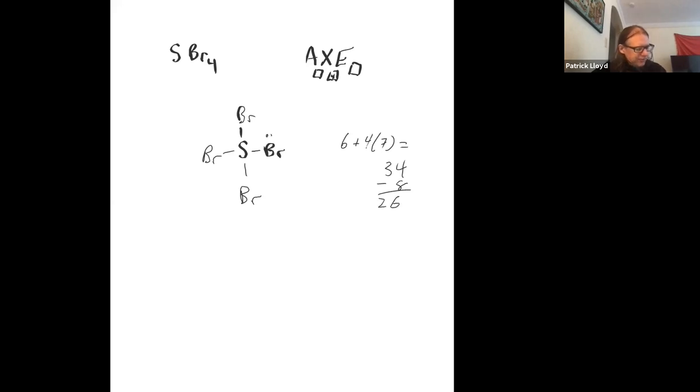So 2, 4, 6, 8, 10, 12. Remember, you only need 8 electrons on any of the surrounding atoms, so we're not going to go any more than 8 electrons on the surrounding atoms. So that's got to go on the central atom, right? So it looks like you've got one lone pair. That's showing the lone pairs there.